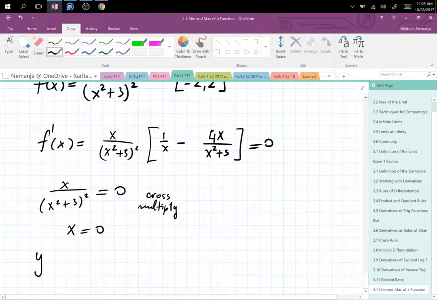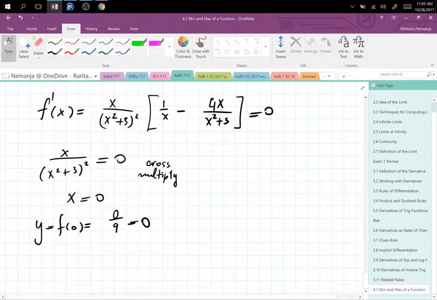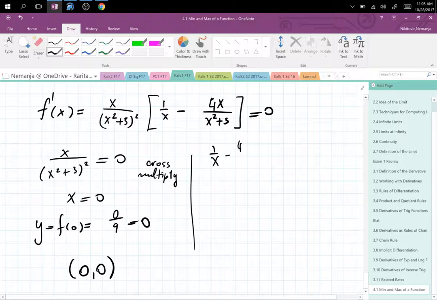And now to find y, you go f of 0 equals 0 over 9, which is 0. So you have the first point, 0, 0. Let's chill. We have more stuff to solve. The second part needs to be solved. So we set that one equal to 0 as well. Move to the other side.